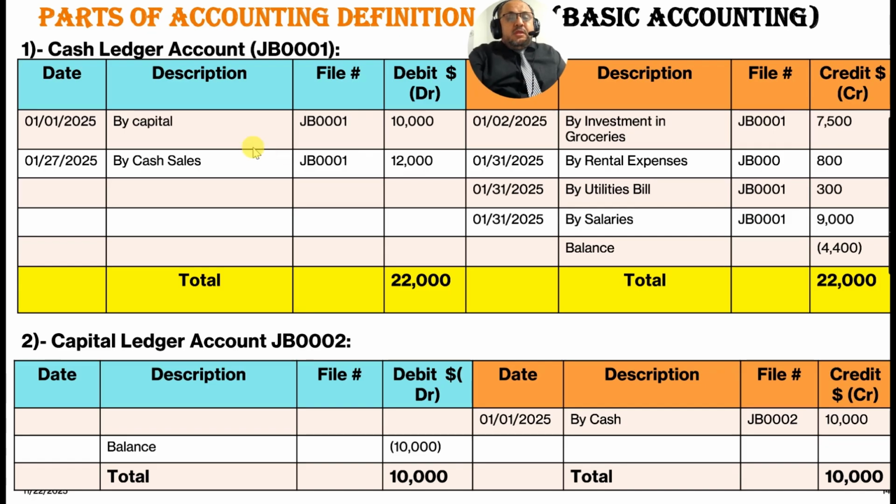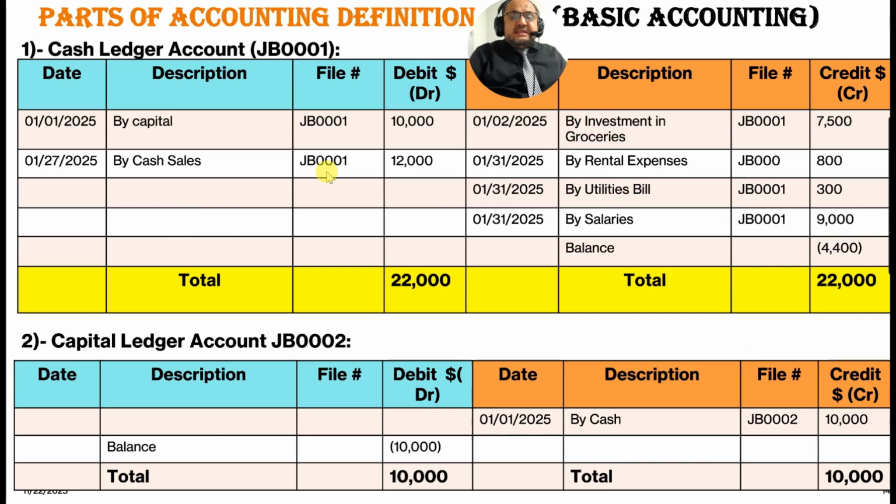Here, on the 1st of January 2025, the JB brothers received 10,000 cash from where? From the capital account. Remember, here a question arises: why did you not write the cash account?